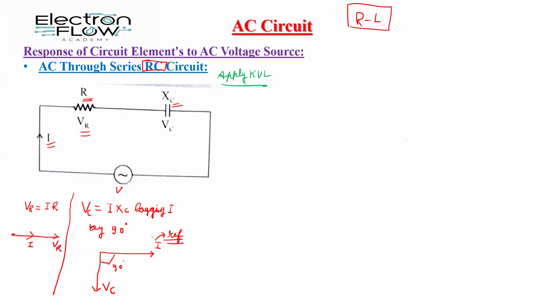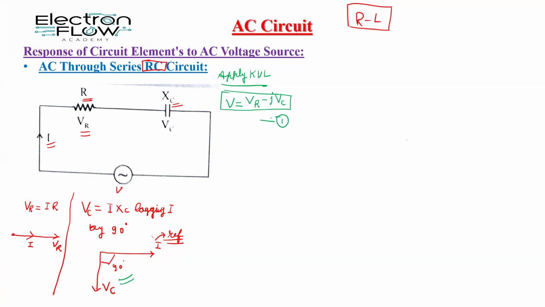The applied voltage capital V is equal to the phasor sum of VR and VC, but the drop VC is 90 degrees behind, as we have seen here, 90 degrees behind the VR. So the j operator is used with the negative sign. After applying KVL, we have the equation for the voltages: total voltage is equal to VR minus j VC. This is our equation number 1.